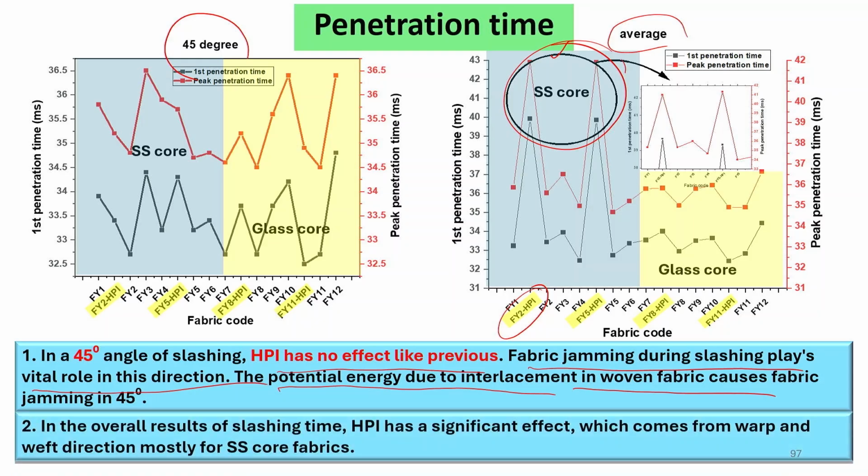The overall result of slashing time, HPI has significant effect which comes from the warp and weft direction mostly for SS core fabric, stainless steel core fabric.